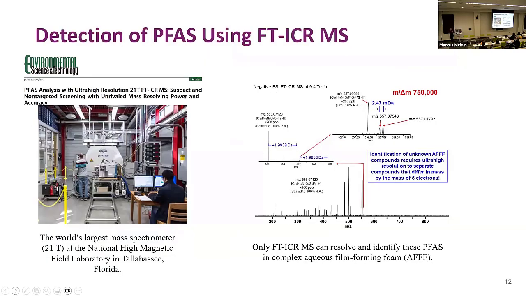And Fourier transform ion cyclotron resonance mass spectrometry is a very high resolution and accurate technique for identifying similar PFAS compounds. And as you can see in the left side image, there is the world's largest mass spectrometer, 21 Tesla, at the National High Magnetic Field Laboratory in Florida.